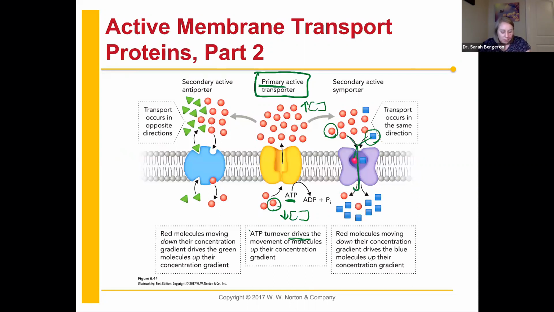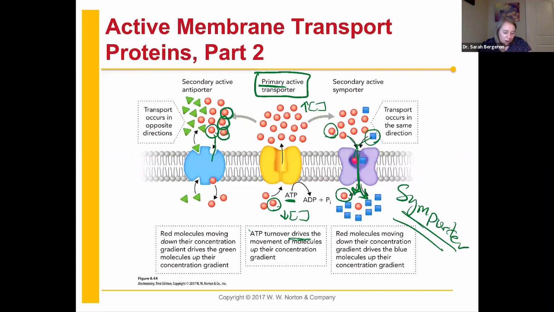The red's going with its concentration gradient, and the blue is going against. But the 2 are transporting in the same direction, so that's why we call this a symporter, right? That's the symporter.